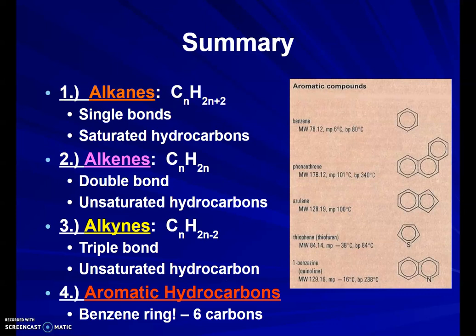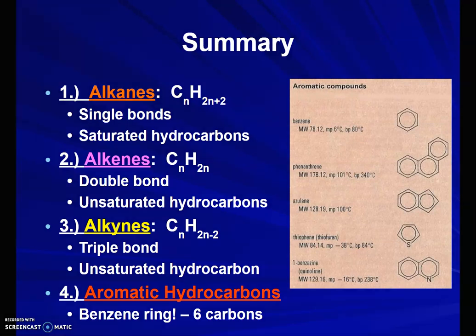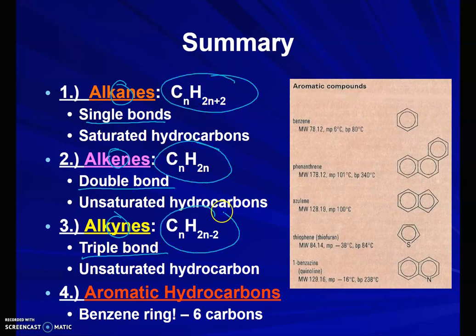All right, so to summarize for you, you have alkanes, alkenes, alkynes. They are single bonds, double bonds, or triple bonds with these specific formulas for each one, because carbon can make, that's right, 4 bonds.